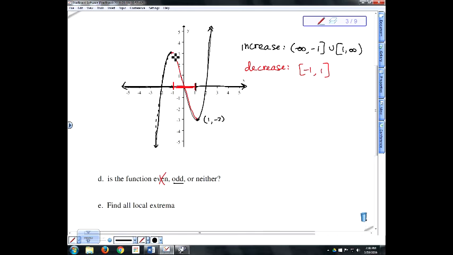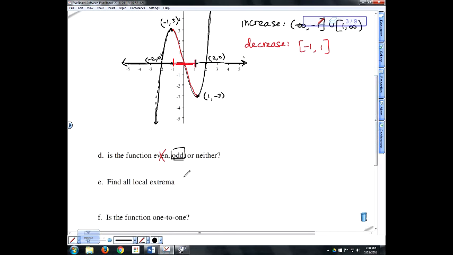And if we check that up here, we've got a point of -1, +3, and that should be true of every point. Like this one here is a point +2, 0. So over here, it's opposite, -2, 0 is also on the graph. That's an indication that this is an odd function.